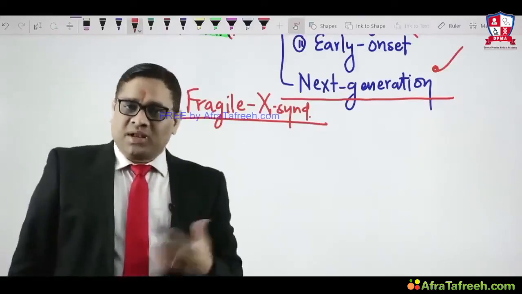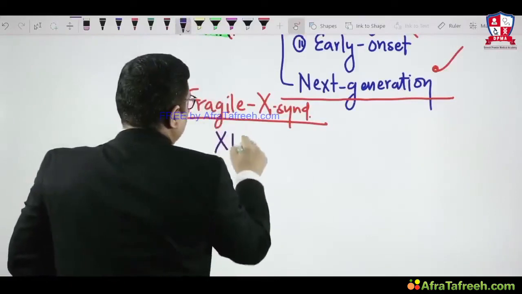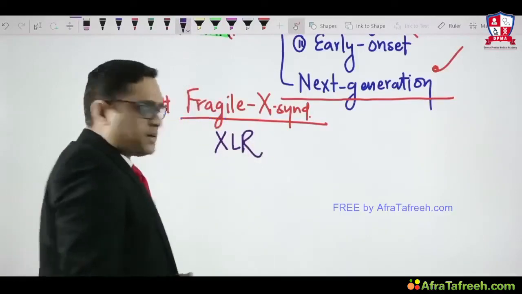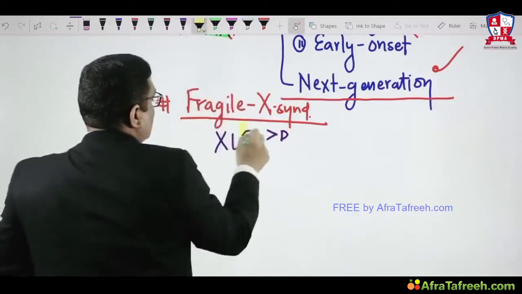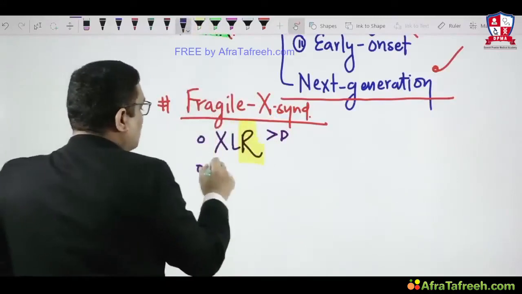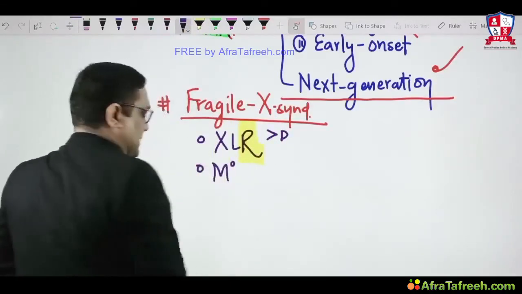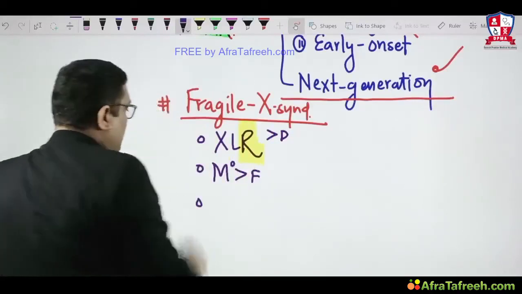What is the pattern of inheritance? Fragile X syndrome is basically an X-linked recessive disorder. X-linked disorders can be both recessive and dominant, but when the examiner asks which is most common, you know X-linked recessive is most common. So who will be most commonly affected? Males, right? Males are more commonly affected than females.